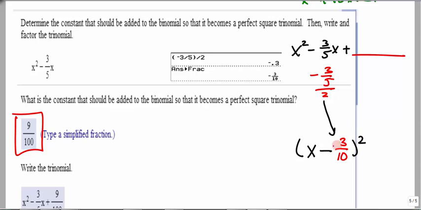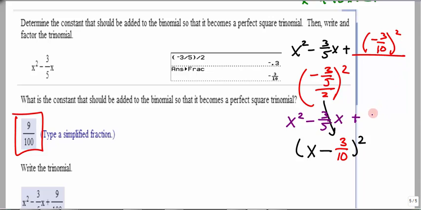Now what I do is I take this value of -3/10 and I square it. So I take this value, -3/10, and I square it, and that's what goes on the end. So rewriting this, I end up with x squared minus 3/5 x plus -3 times -3 is 9. 10 times 10 is 100.